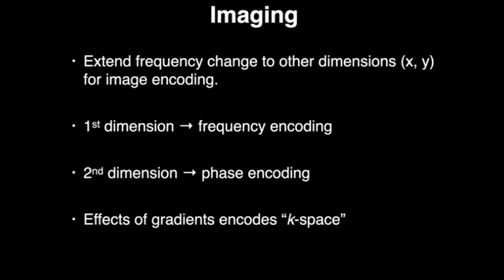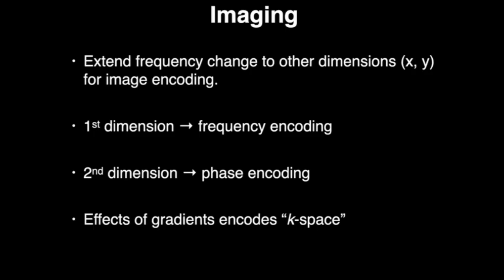So again, we're taking this concept of spatially varying our frequencies, and we're now using that to encode spatial information into our signal via Fourier encoding. And the field developed this, essentially the space in which the data are acquired.